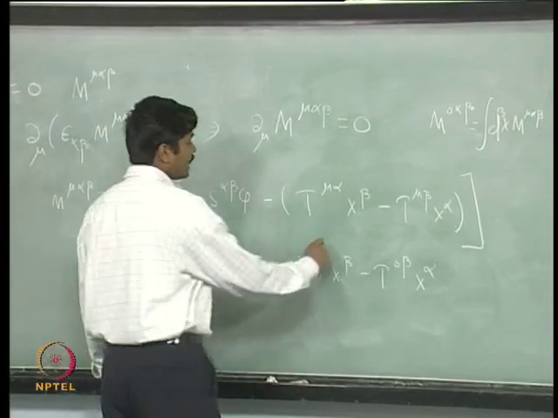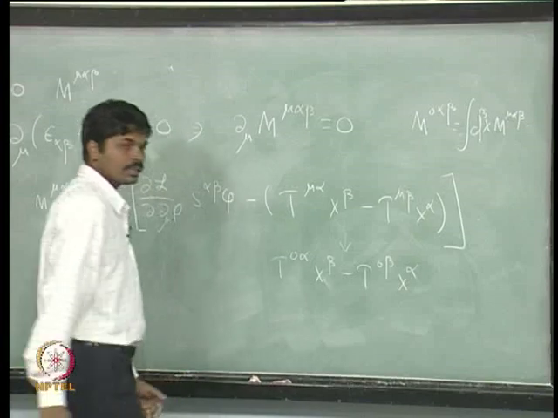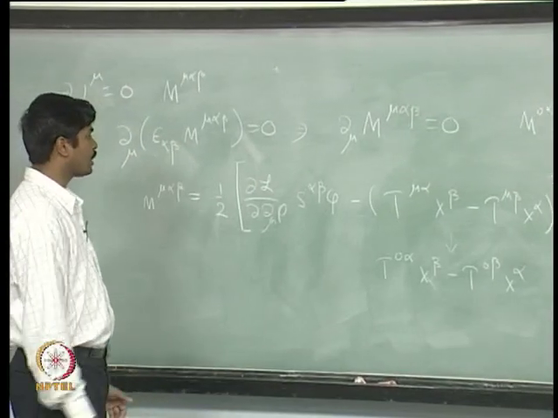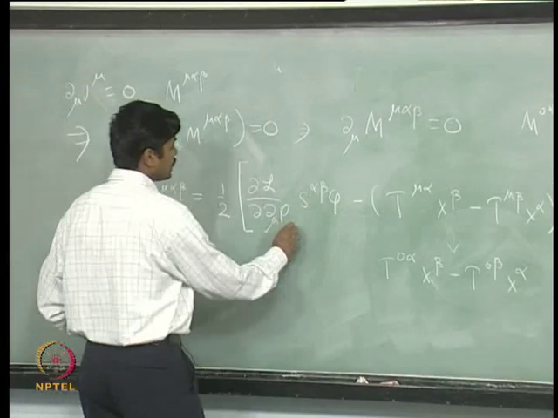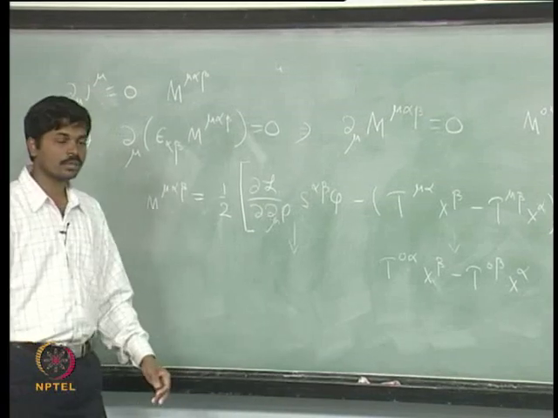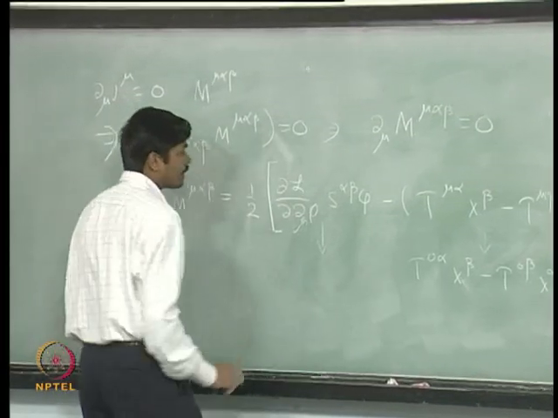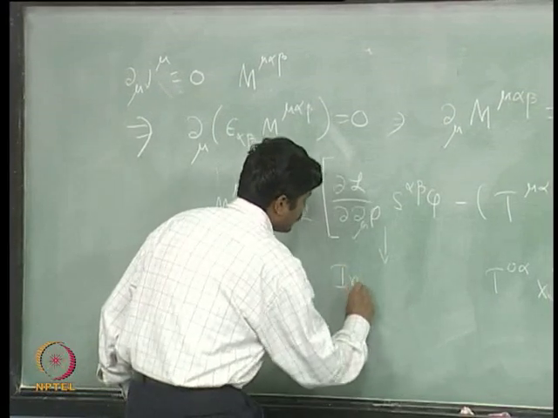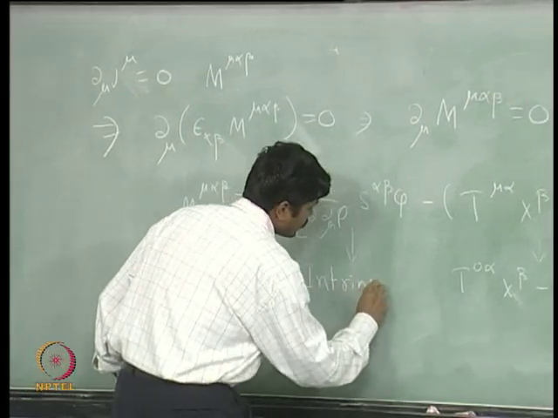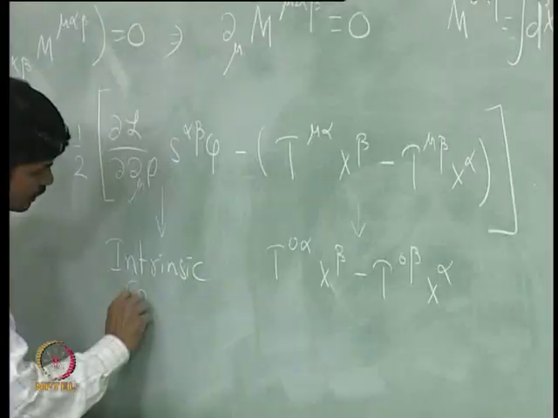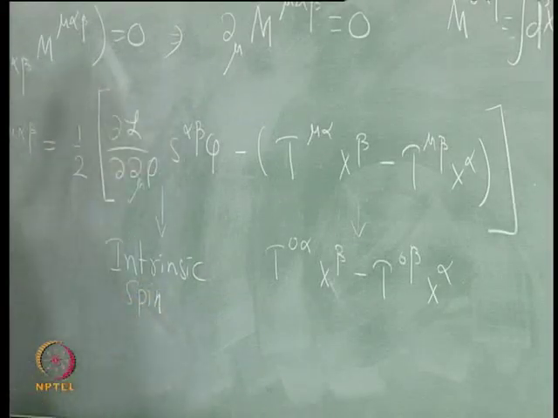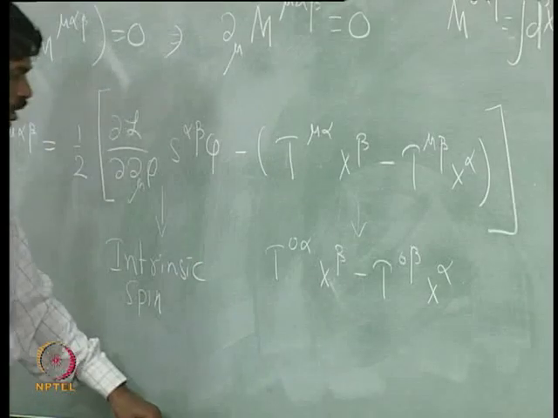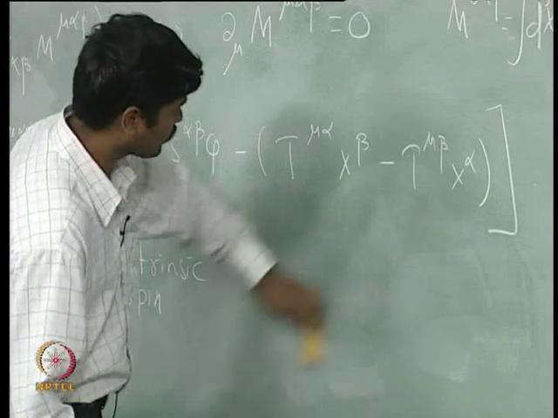So the second term here is the orbital angular momentum, and hence this first term here must be the intrinsic angular momentum of the field. So, this is the intrinsic spin and this is the orbital angular momentum.